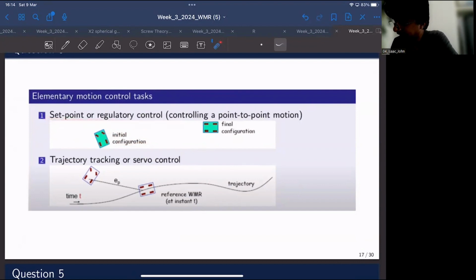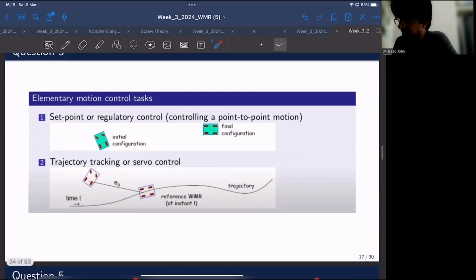In case of trajectory tracking or servo control, we have an initial configuration. We also have a final configuration. And at each individual time step, each individual configuration is relevant actually. We want the robot to track exactly as per the desired trajectory. So that is about trajectory tracking.